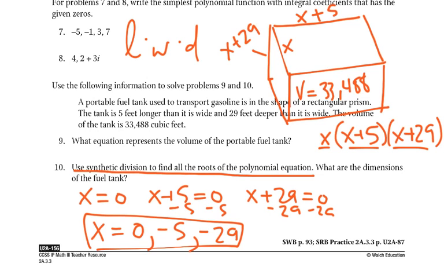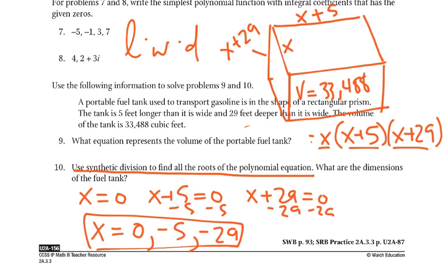Okay. What are the dimensions of the fuel tank? So in order to figure it out, we just set that all equal to 33,488, and then we would solve for that. Okay, which is going to prove to be more difficult. But let's find our equation.